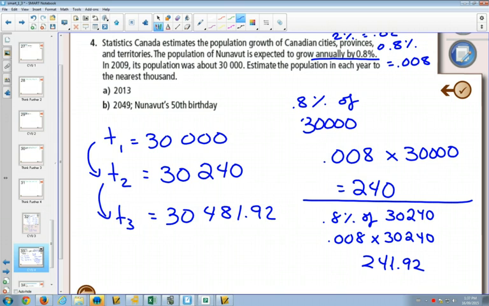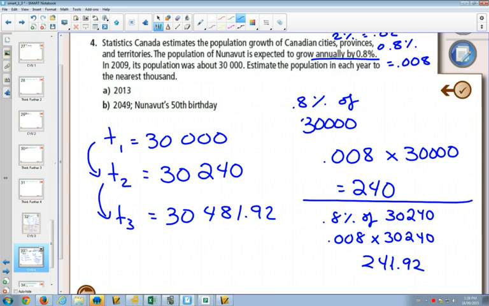Good. So this is a pattern that you might have noticed with percent increase before. You may have noticed this probably with taxes, that when you add 13% taxes to things that you buy, you can do that in a shorter way by multiplying by 1.13. So if we wanted to add 0.8% to 30,000, we can do it this way by finding what 0.8% of it is and adding it.